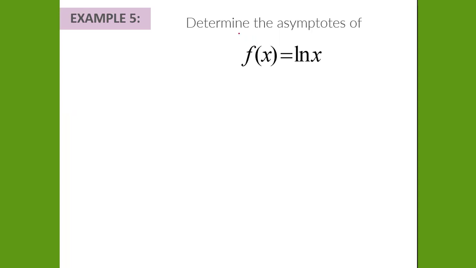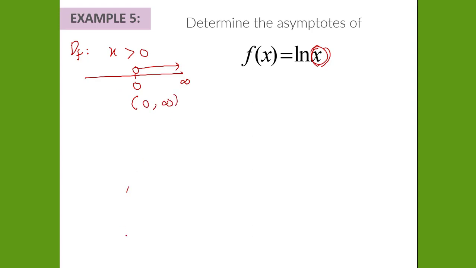Example 5. Determine the asymptotes of f(x) equals ln x. First thing, find the domain of ln x. Domain of f: x should be positive, from 0 to infinity, or change to interval 0 to infinity.